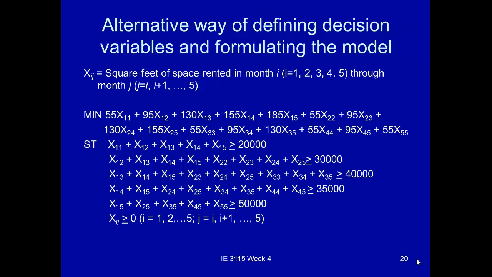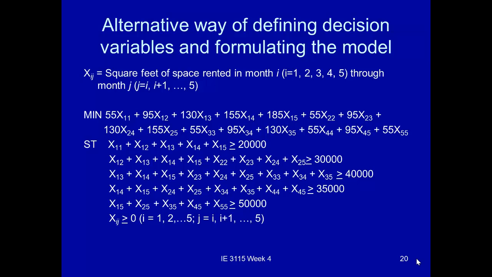Those are still your decision variables. So the first one is still the same: x11, x12, x13, x14, x15 through month 5. And then for 2, you will do x21. Oh, sorry, do we have x21? No, we don't have x21, we're starting from the second month. So we have x22, then x23, x24, x25 through the month.